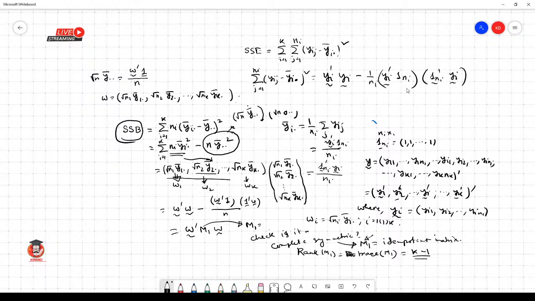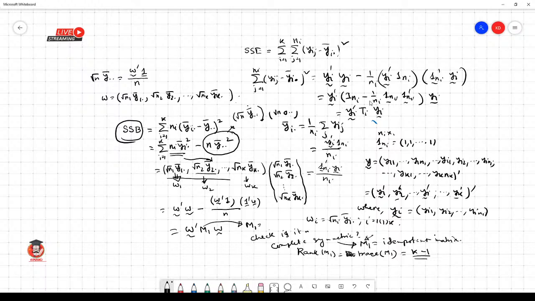We write this as follows: yi curl prime (I ni minus 1 by ni 1 ni curl 1 ni curl prime) yi curl. I think it is better to denote this matrix by Ti.